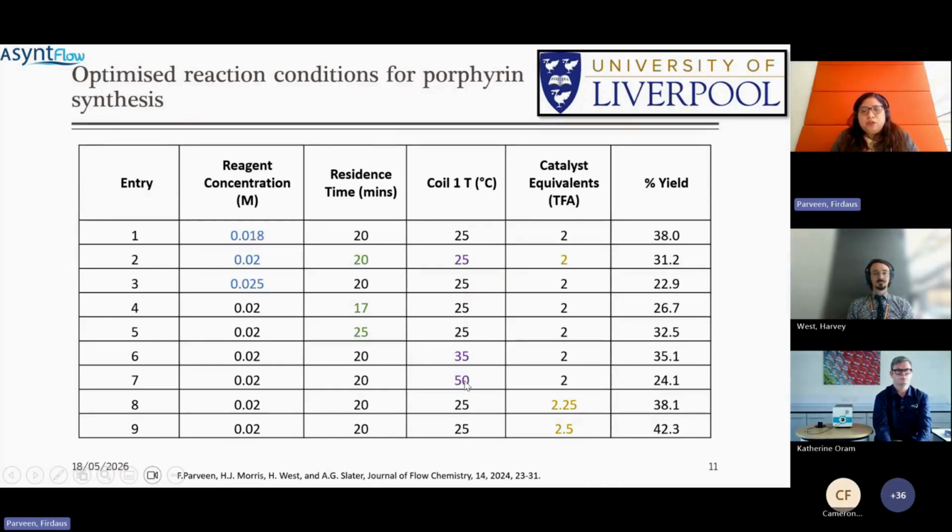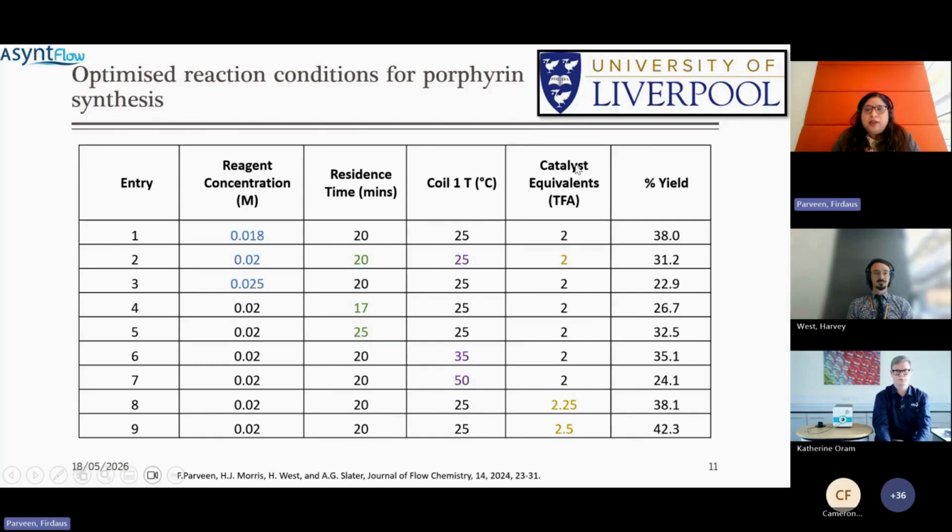But further increasing to 50 degrees further reduces the yield. That means at higher temperature, there might be chances of side reactions taking place as compared to the reaction going into the desired pathway. So we decided to stay at 25 degrees because there was not much difference between 31 and 35% yield of the porphyrin.